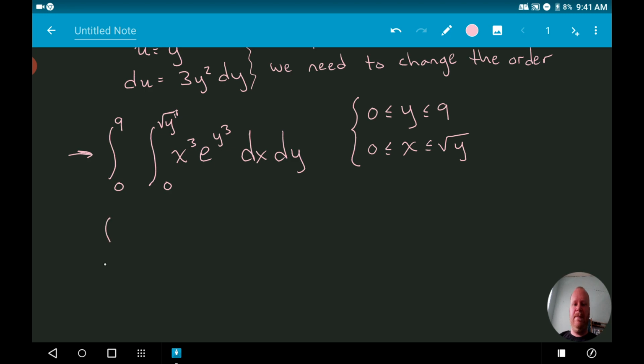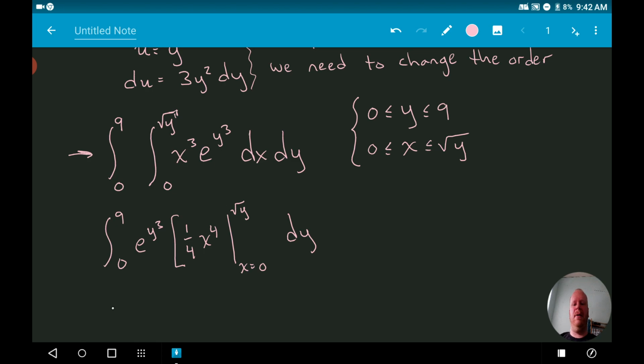So this one, I'm going to go ahead and pull this out to the side here, and I want to integrate this with respect to x. I'm going to get 3x squared, where x is equal to 0 or square root of y. Oh, sorry, I'm integrating. Sorry about that. 1/4 x to the fourth.